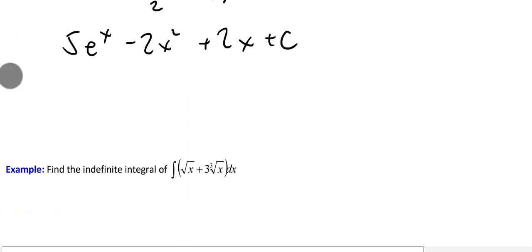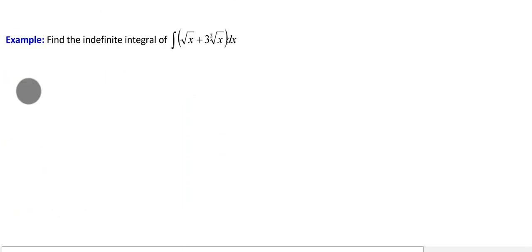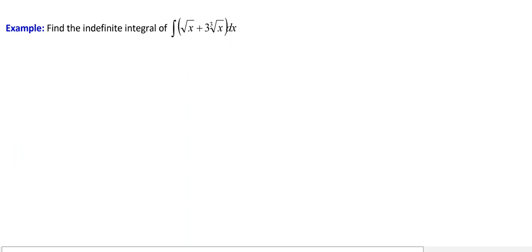Now, when we learn how to find derivatives, sometimes we needed to clean up the derivatives a little bit. We needed to do some algebraic manipulations. Well, that's the same thing here. So we want to rewrite this in a form where we can actually apply the power rules. So when you have radicals, you want to rewrite them as rational exponents.